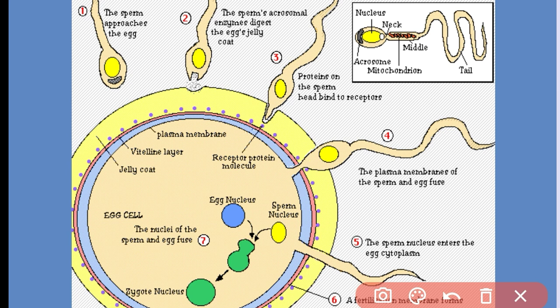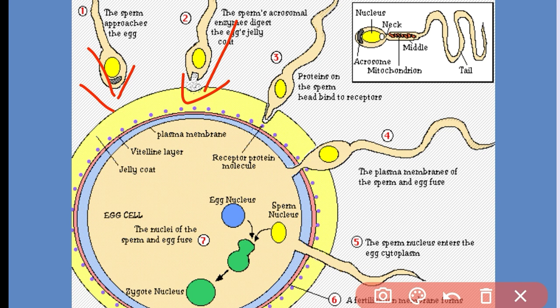The first event: the sperm approaches the egg. Second, the sperm's acrosomal enzyme digests the egg's jelly coat. Third event, the proteins on the sperm head bind to a receptor.